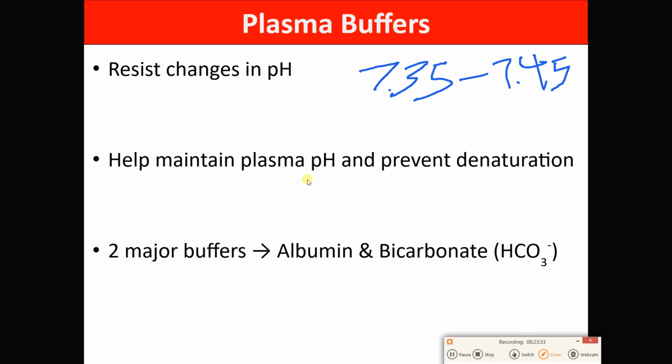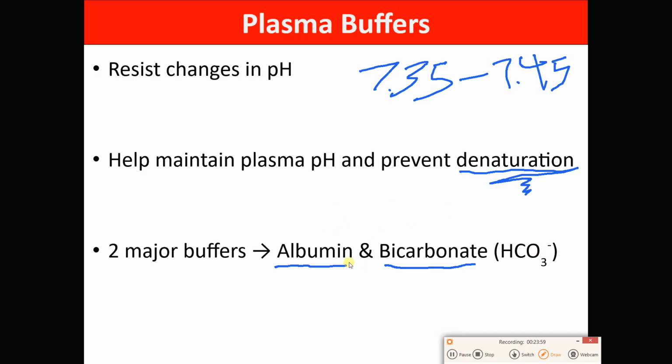And we know if pH changes too much, proteins can unfold. Our other word for unfolding is denaturation. Two of the major buffers we have to be aware of are albumin, as well as this chemical compound called bicarbonate, HCO3-. These are two really important buffers.